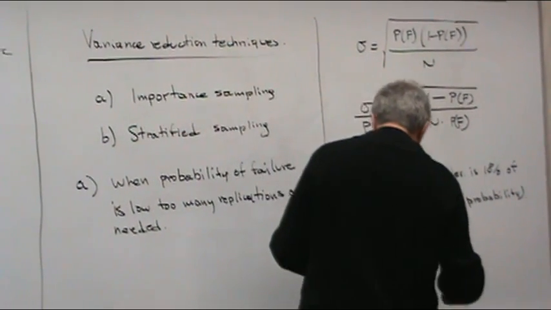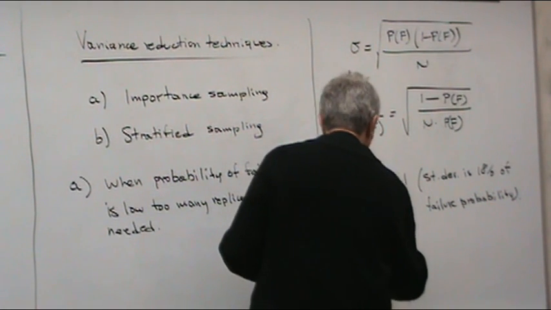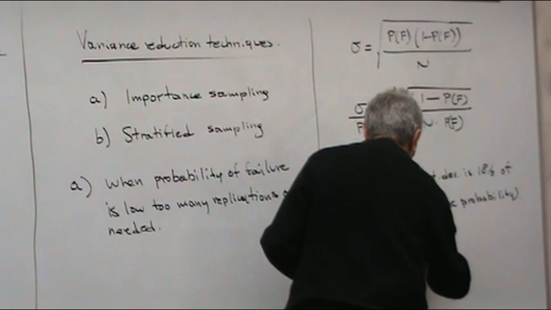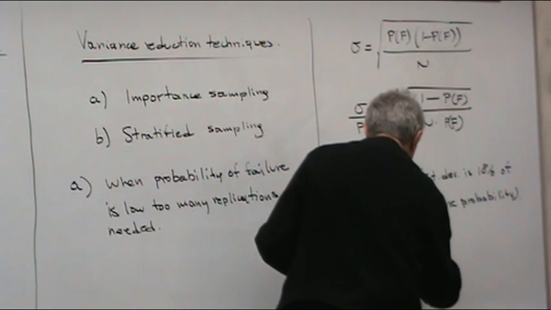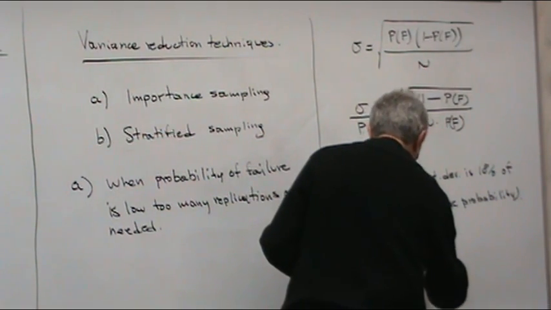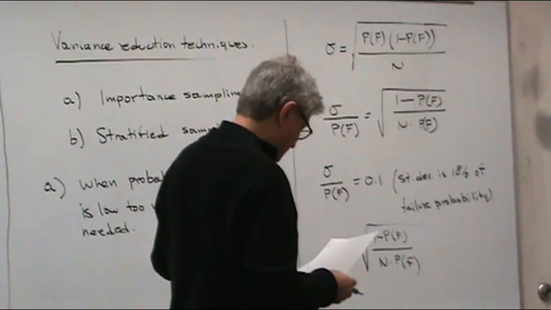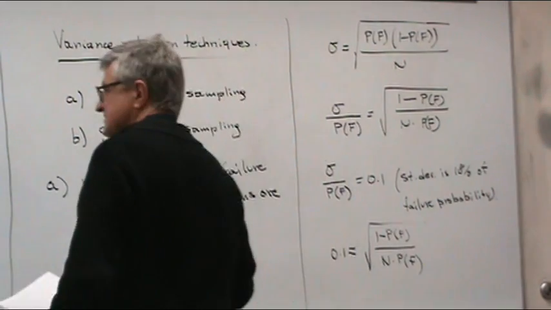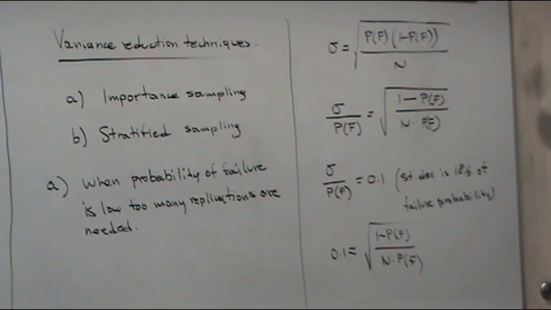So 0.1 equal to the square root of (1 minus the probability of failure) divided by (n times the probability of failure). Okay, so let's solve for n, okay? So you have the number of replications needed for a given probability of failure.